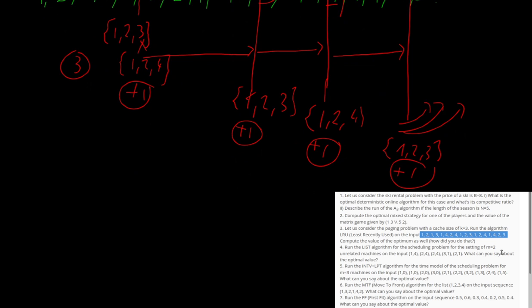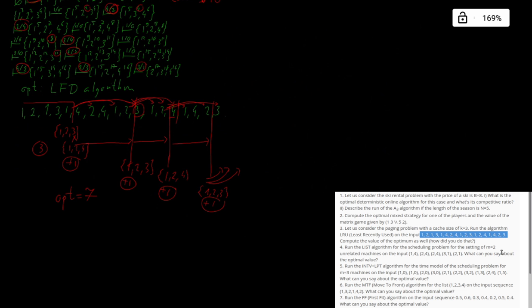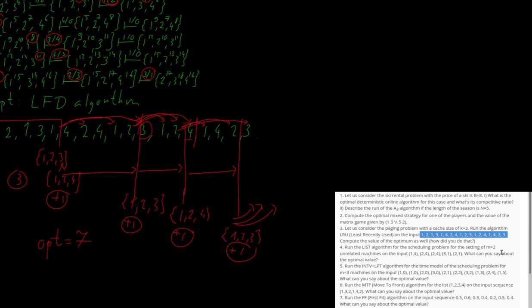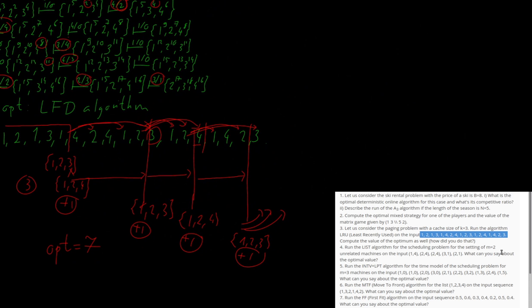So it's just 7. The optimal cost for this particular input is 7, which is computed by the longest forward distance algorithm. And basically that's all you have to do with the paging problem.